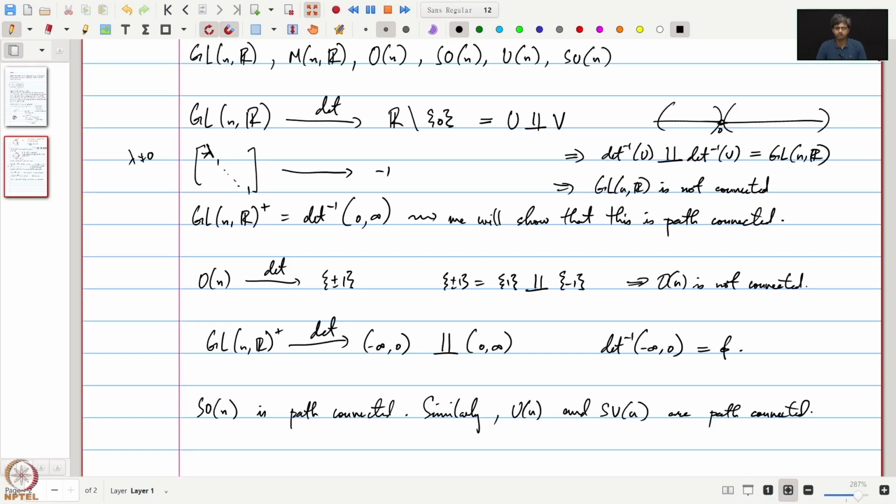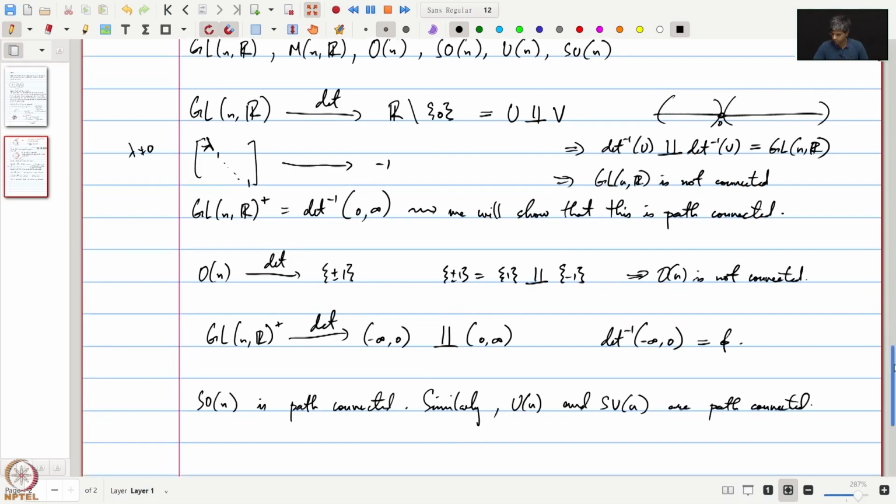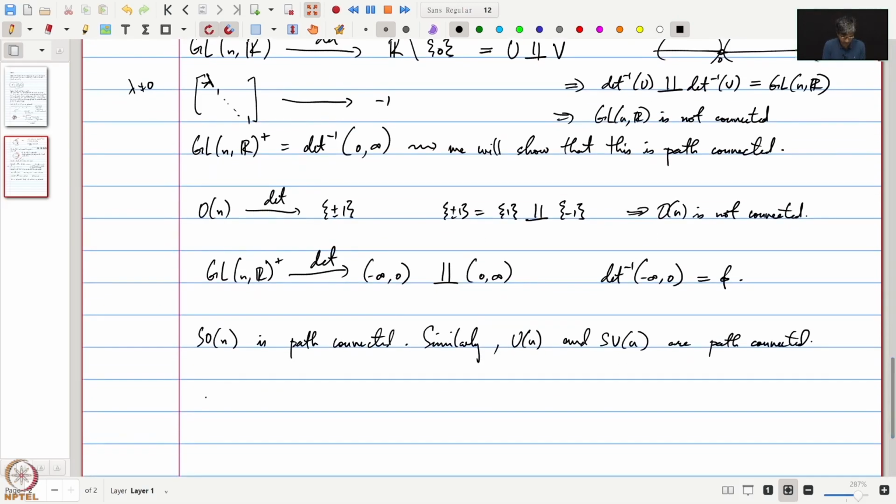And I should say that one should emphasize this result, because it's very interesting: SO_n has a very complicated definition, A transpose A is equal to identity and determinant of A is equal to 1.